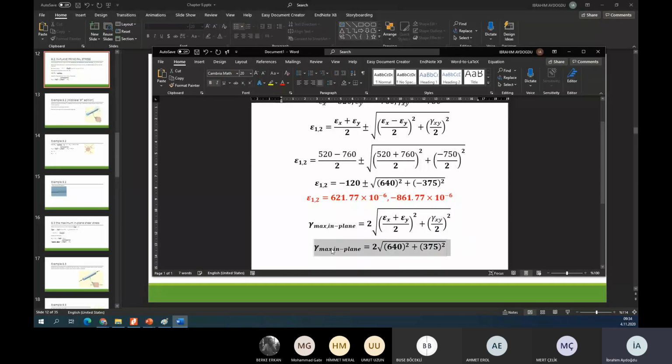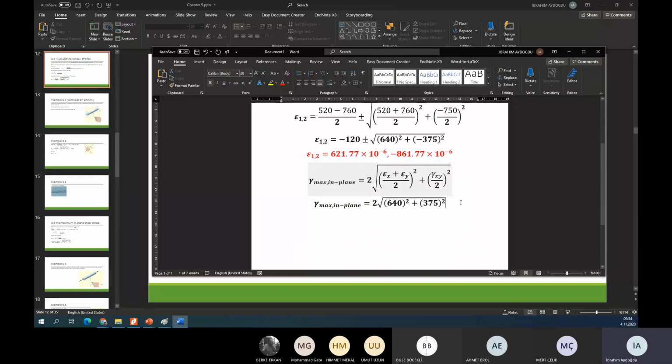It's equal to 1483.54, so I should write 10 to the power minus 6.